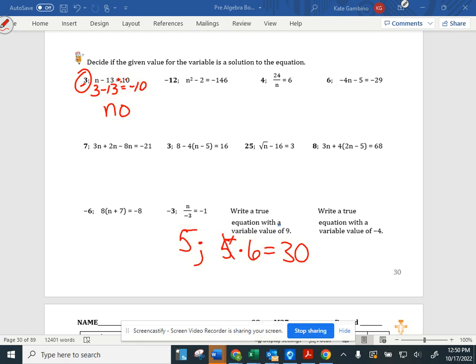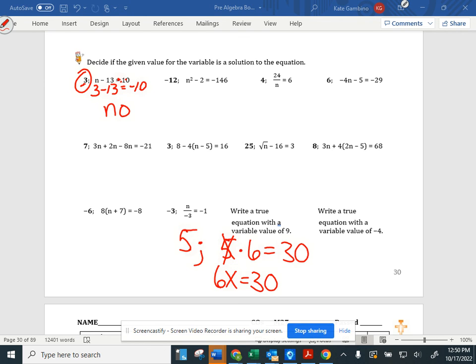Now I'm going to take out that 5 and put a variable in. 6x equals 30. That's an equation that uses 5 for my variable, and it's true. 6 times 5 equals 30. So 6x equals 30 if x is 5.